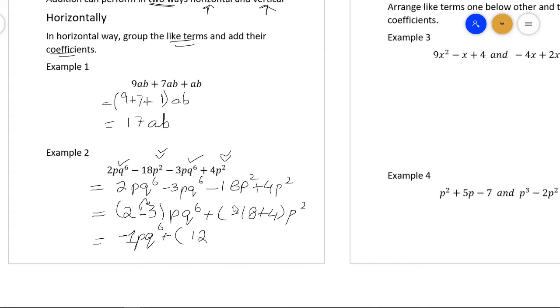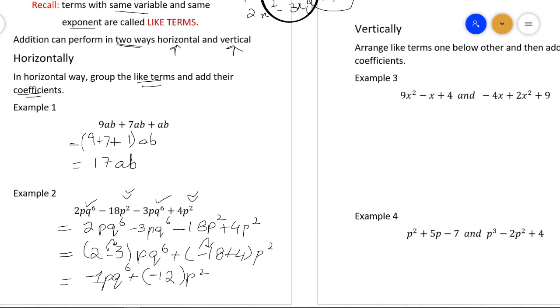And again, as greater has authority, so there will be a negative sign. P square. Now, what will it be? Minus 1 pq raised to power 6 plus 12 into minus 12. Now how we will write it?